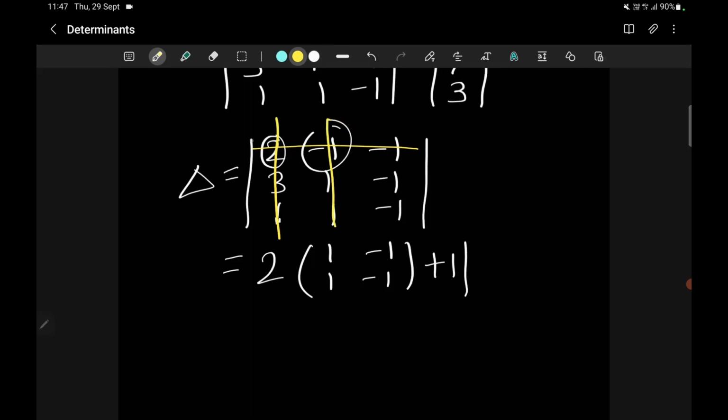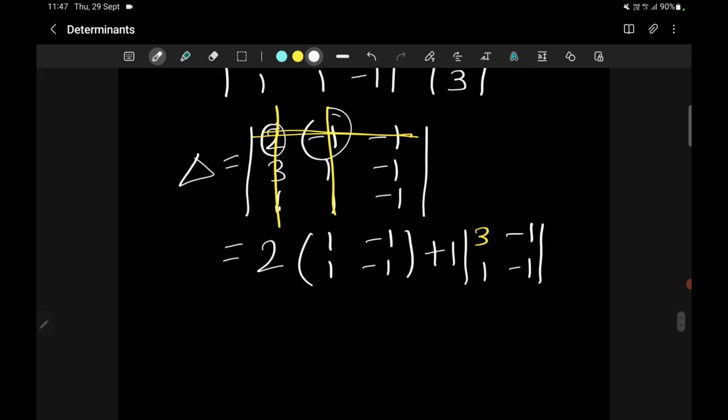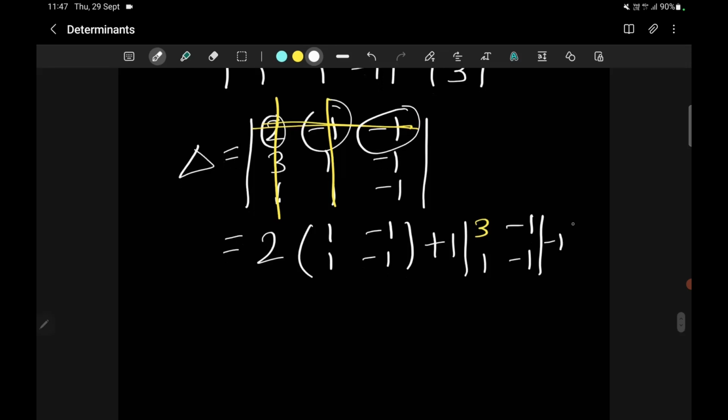Now we'll neglect this row and this column. That means we'll get 3 minus 1, 1 and minus 1. And we will take this minus 1. Then we have to neglect this row and column. Now we'll get 3, 1, 1 and 1.